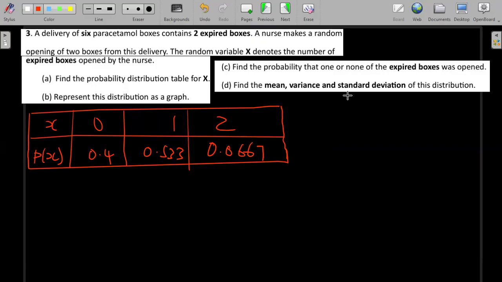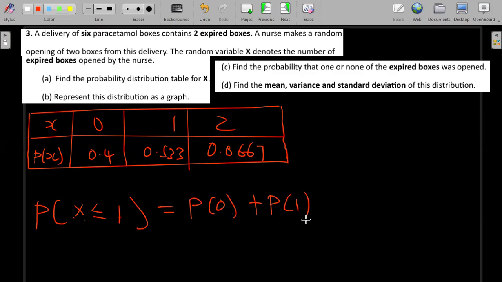So the probability that one or none means that we are adding the probability of 0 and the probability of 1. So the probability of 1 or none means that x is less than or equal to 1. So if x is less than or equal to 1, it can be 1, or it can be a number which is less than 1, which is 0. So this is going to be equal to the probability of 0 plus the probability of 1.